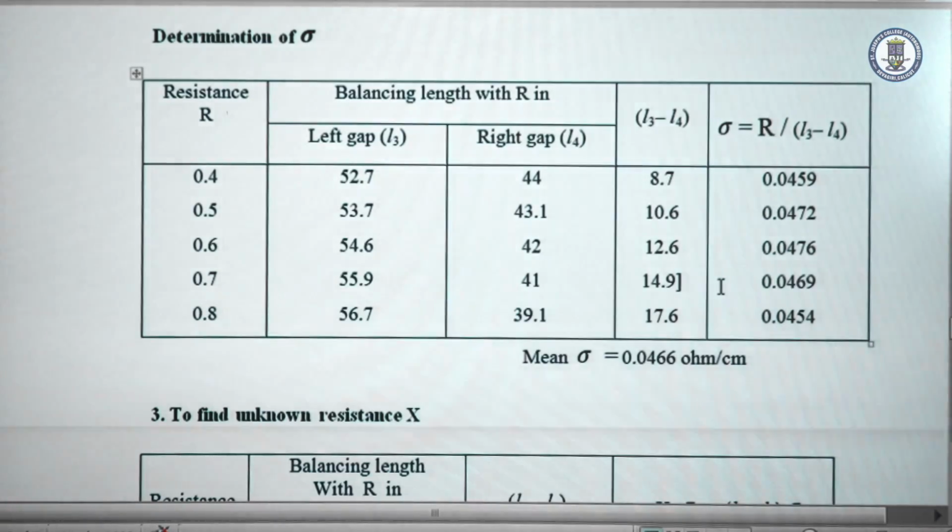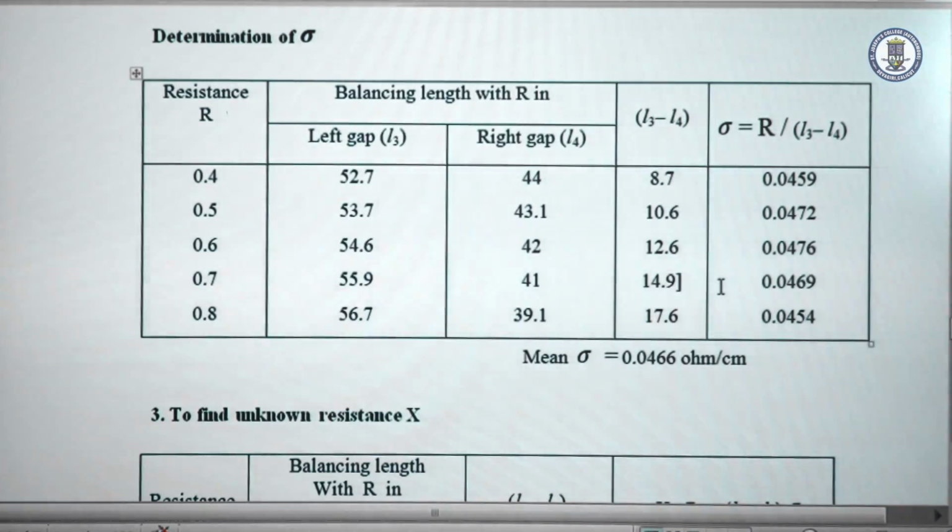Now for the determination of sigma, we use fractional resistances. Initially we use 0.4. When the copper strip is in the left gap, the balancing length is 52.7. Then we interchange the fractional resistance and the copper strip in the two gaps G1 and G2, and the balance length is 44. So we calculate L3 minus L4, and sigma is calculated using the formula R by (L3 minus L4), that is 0.4 divided by 8.7, so we obtain 0.0459.